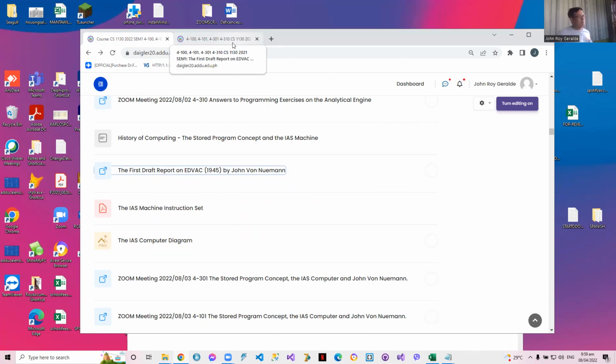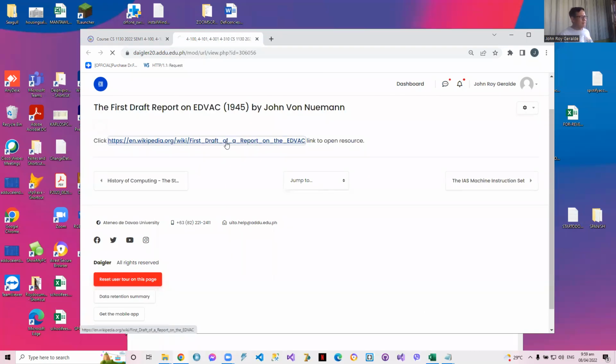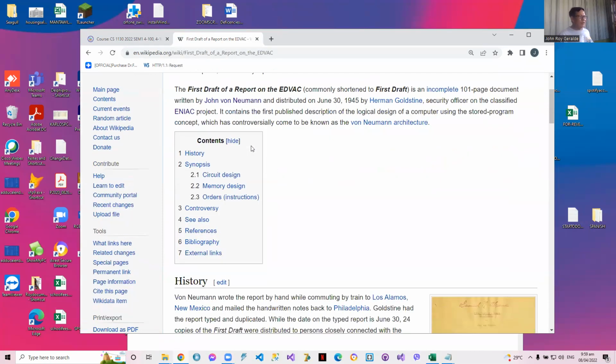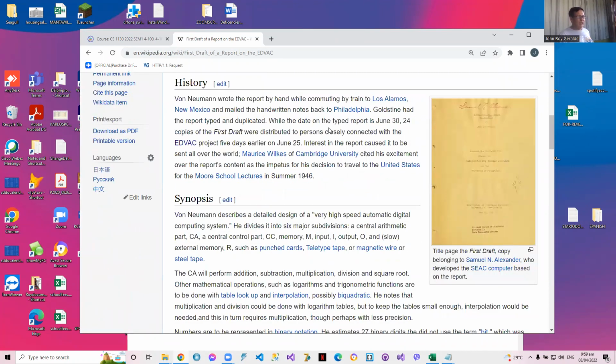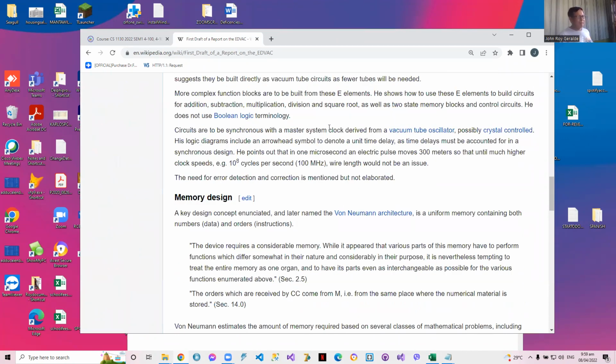They did not want to get a patent for EDVAC. Why? Because in 1945, John von Neumann published the first draft report on EDVAC, where he detailed the design and the stored program concept.